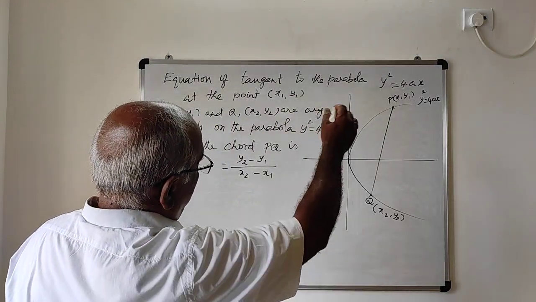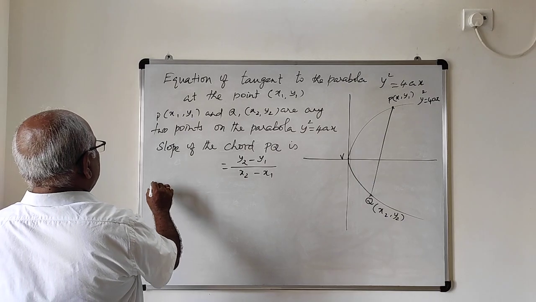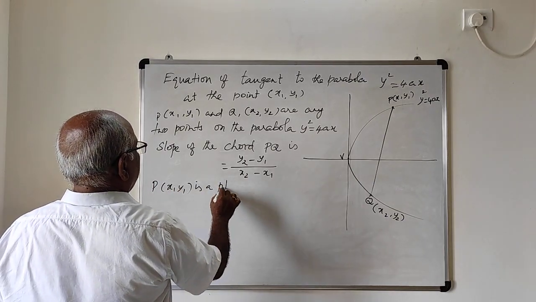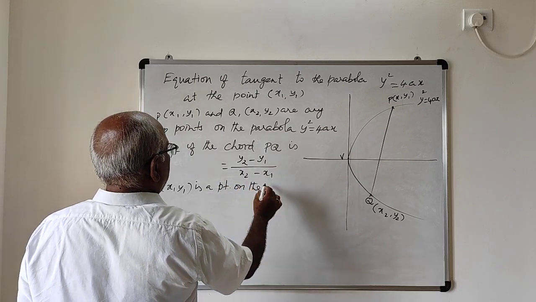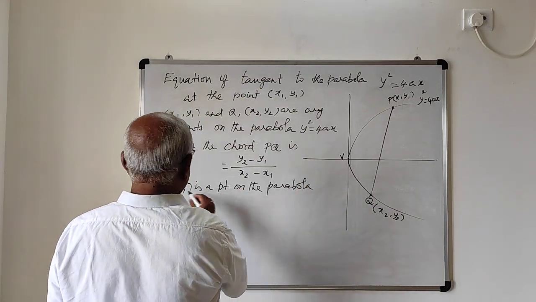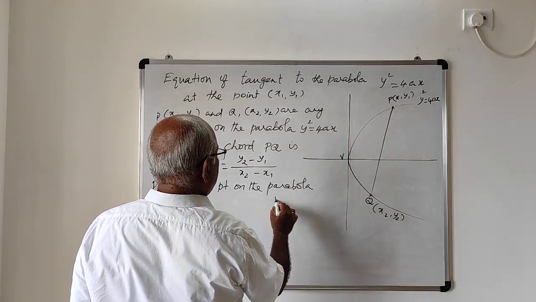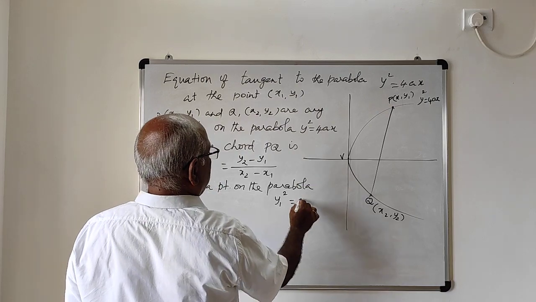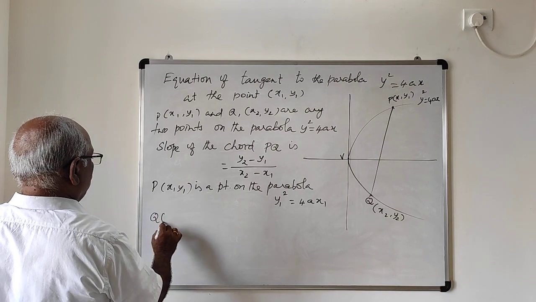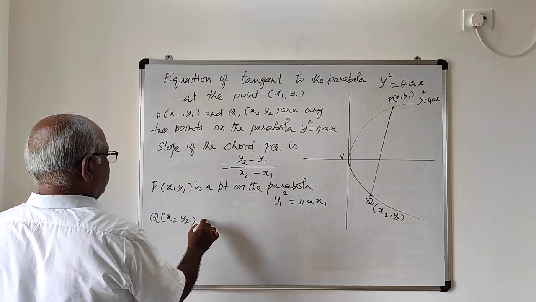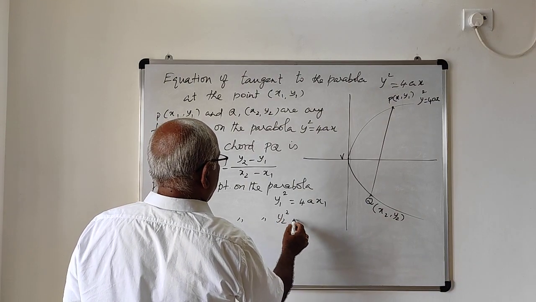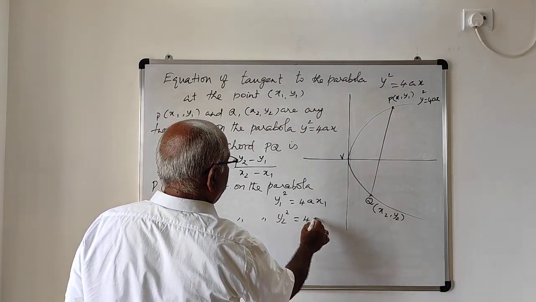But P x1, y1 is a point on the parabola. Therefore, substituting the point on the parabola, y1 square equal to 4ax1. Similarly, Q x2, y2 is a point on the parabola, so y2 square equal to 4ax2.